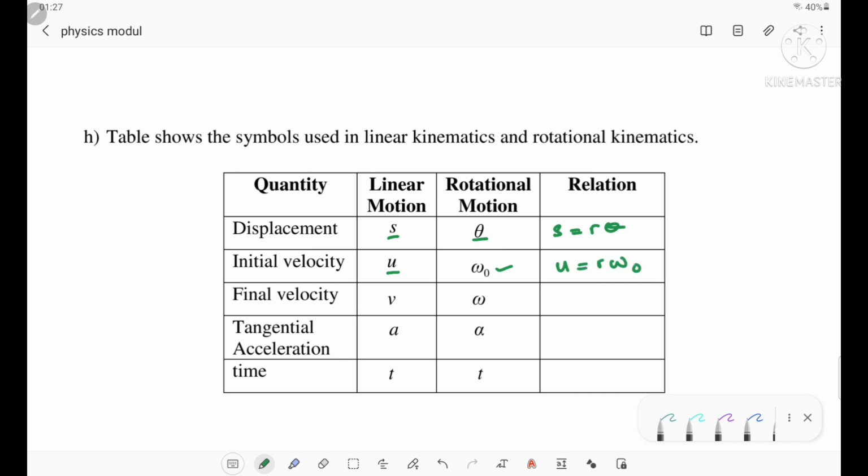For the final velocity, we have v, and for the rotational motion, we have omega, and v is equal to r omega. For the acceleration, the linear symbol is a, but for the rotational motion, we have alpha, and the tangential acceleration a_t is equal to r alpha.